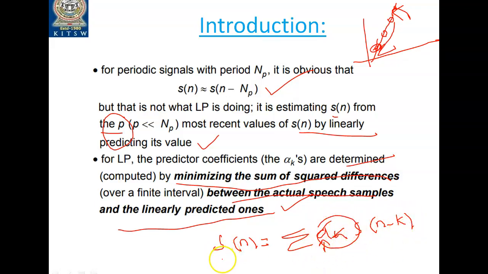So whatever prediction coefficient we consider has to be equated to a k. Only then can we say that the prediction coefficient exactly matches the actual coefficient, so that there will be no error signal. The estimated speech signal is exactly equal to the actual speech signal.